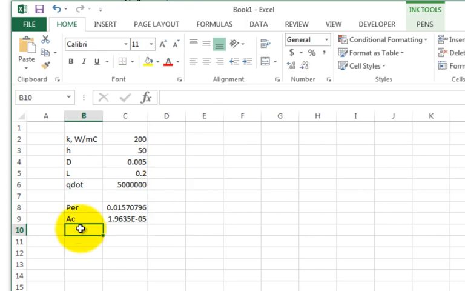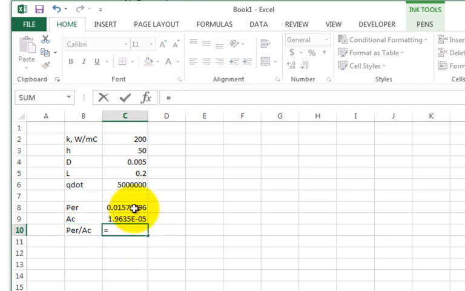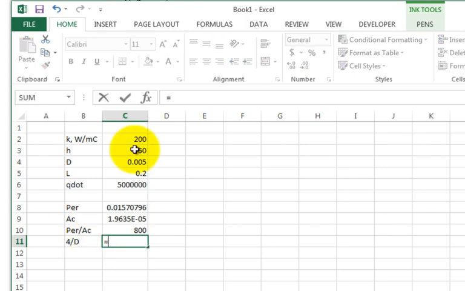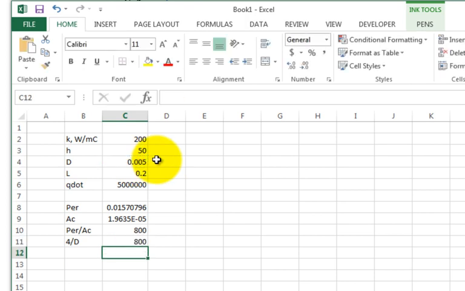And if you want to check it, we're going to use perimeter divided by the cross-sectional area. And then you can check that to see if that's equal to 4 divided by D, which it should be. So that's 4 divided by D. And if it's not, we made an error. Good. Looks reasonable. All right.